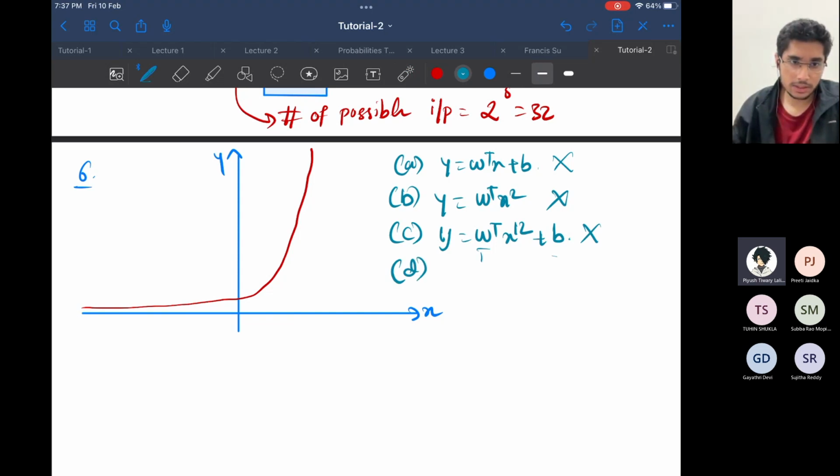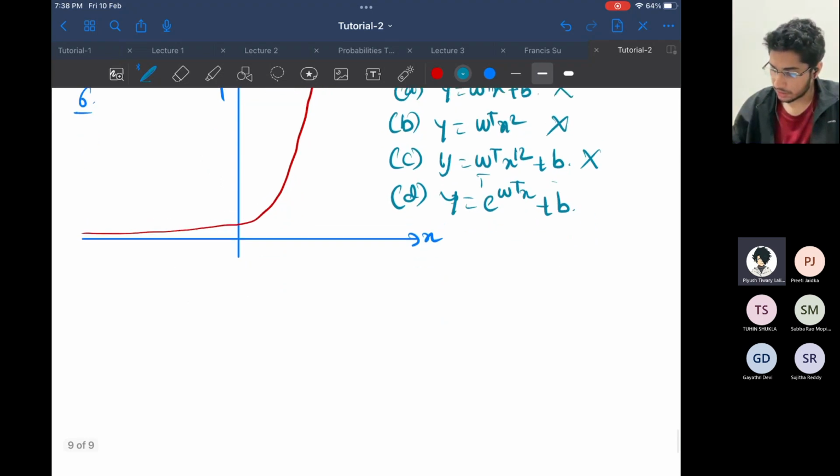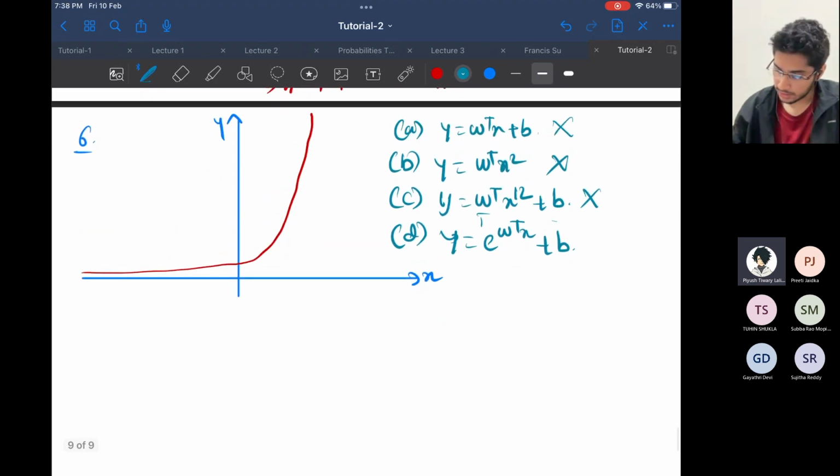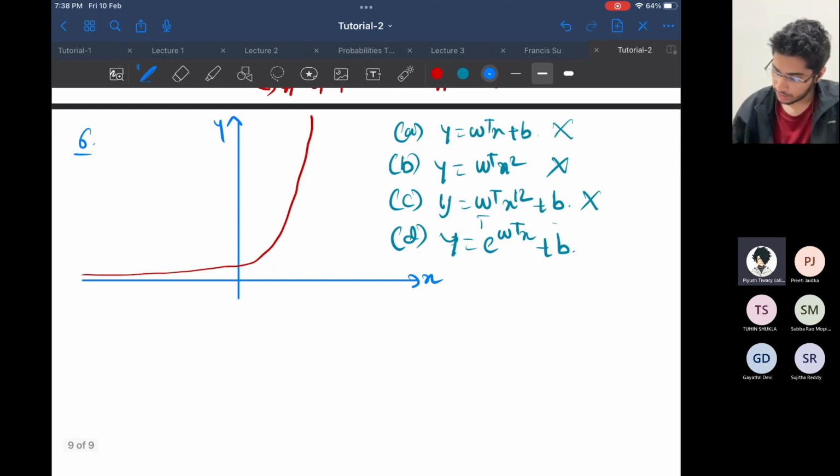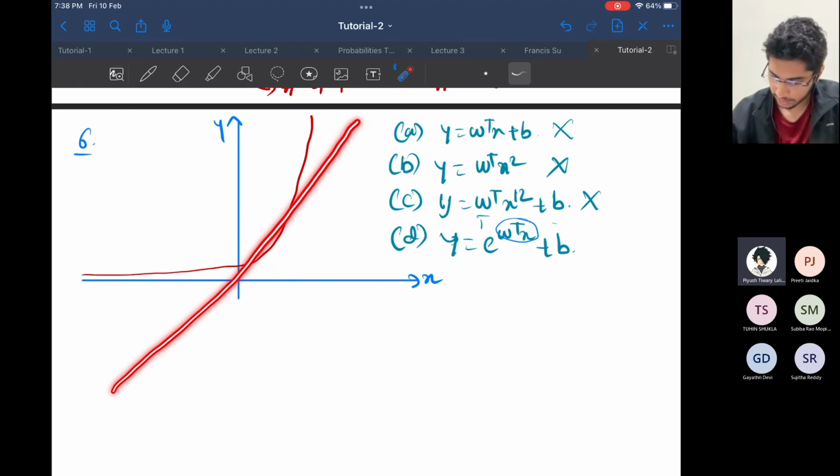The D option is y is equal to e raised to w transpose x plus b. So this is again a weird looking function, right? So w transpose x goes in the exponential, right? So let us see how w transpose x first behaves. We saw that w transpose x would behave something like this, some line like this.